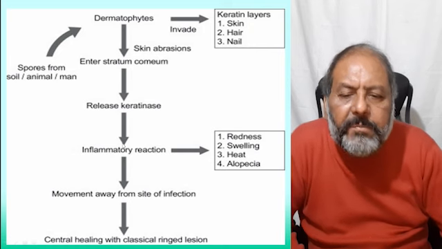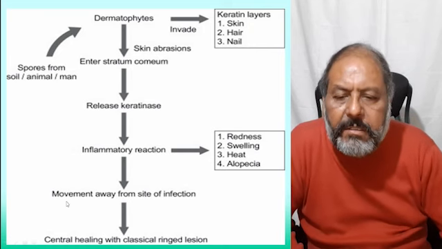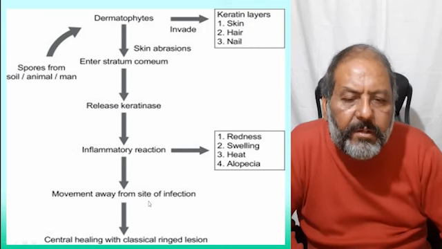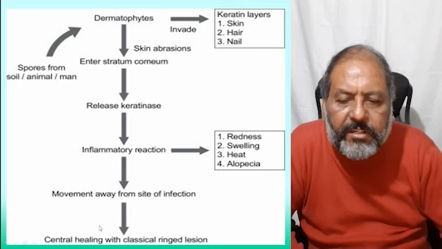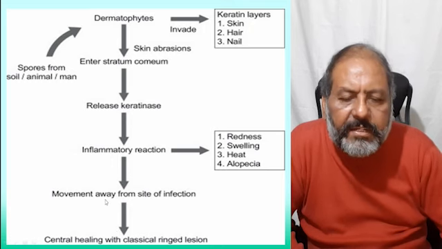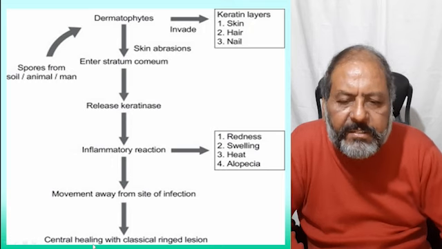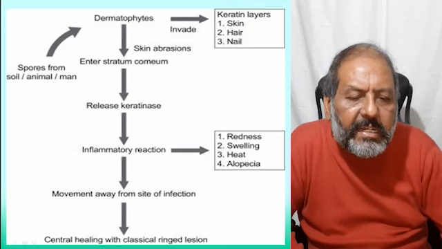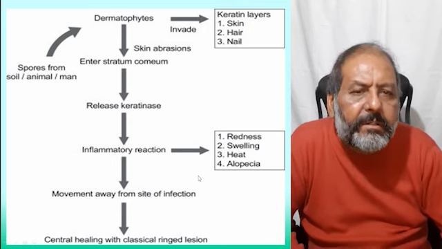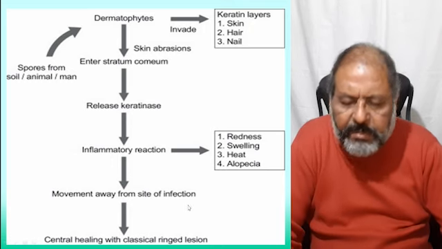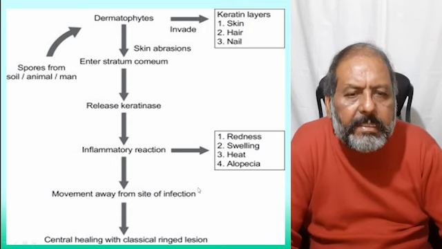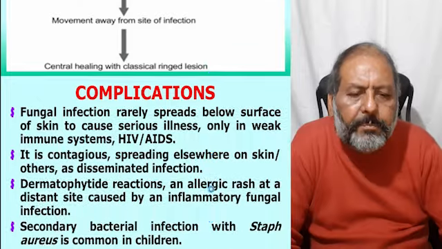This inflammatory reaction causes movement away from the site of the infection, and then peripheral ring formation occurs, with central healing, giving the classical ring lesion. So that is the main pathogenesis of Tinea corporis.